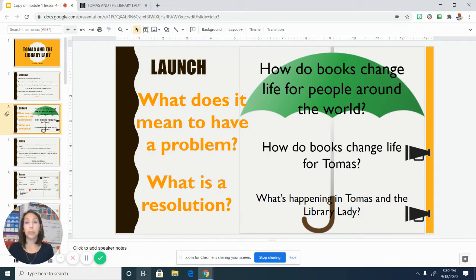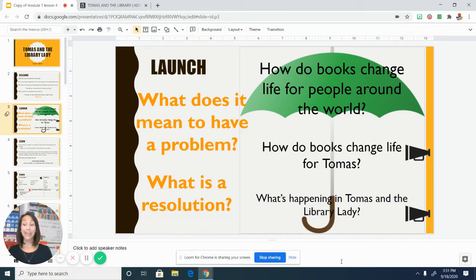A problem is something that is causing the character some sort of trouble, or something isn't working the way the character wants it to. And that is the problem in a story. And then this story stone is what we call the resolution. The resolution is how the problem is solved in the story.